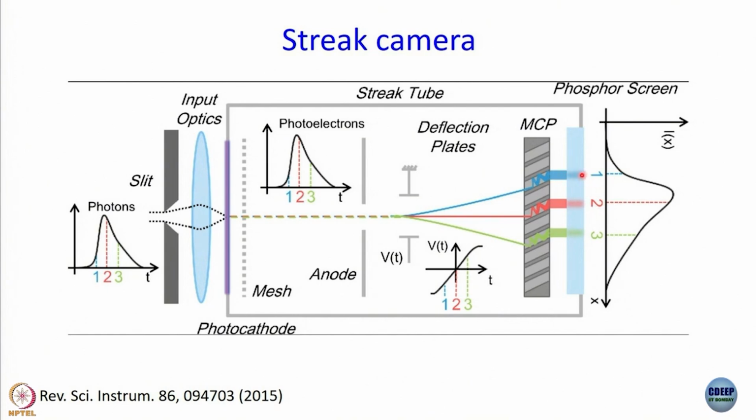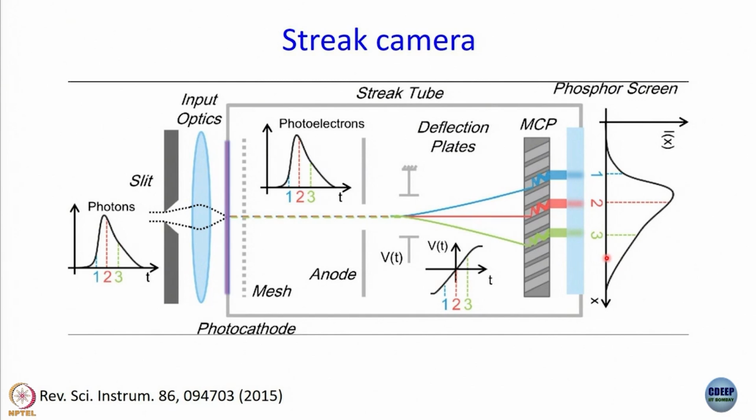How bright will this spot be at 1? How bright will it be at 2? How bright will it be at 3? It depends on the number of photoelectrons in band 1, band 2, band 3. Okay? Understood? Now it is a phosphor, so actually you can see it. If you have a streak camera where this detector part can be opened, with your eyes you can see an actual streak.